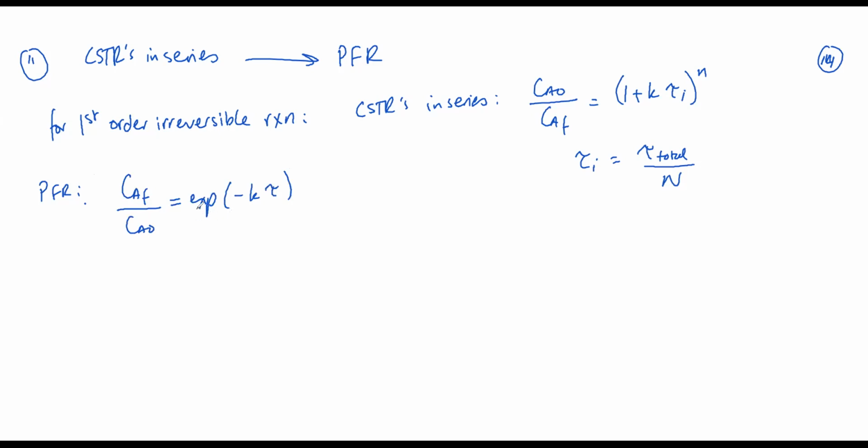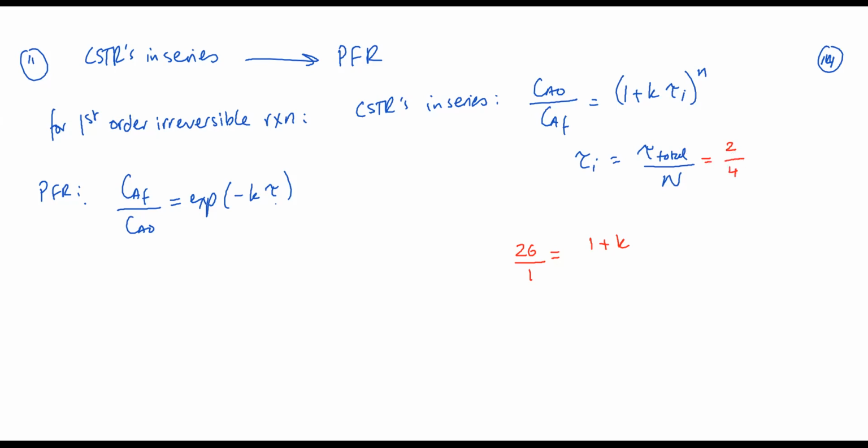Okay, so what do we need to find? I need to find this tau, which corresponds to this performance. So I'm going to use this equation to solve for K, plug this K here, and get this tau. This is really the approach for doing this problem. So let's focus on this side. We're given CA naught, CAF is 1, and tau is equal to 2 divided by 4, right?